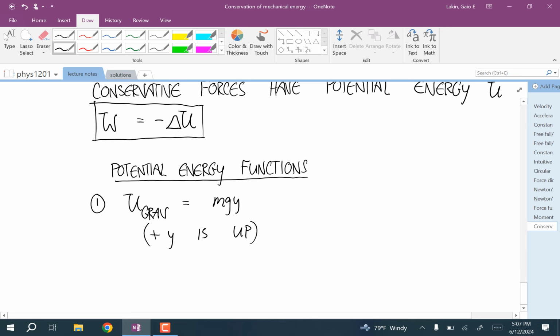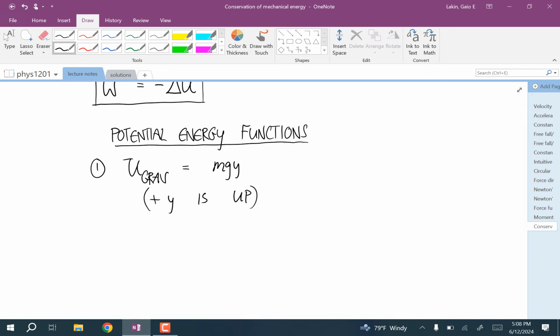That means that the change in potential energy should be negative. So let's see if this formula gives us a negative change in potential energy. Well, you go from mg times a big number to mg times a small number. And so if you take the later potential energy minus the earlier, you get a negative change in potential energy.